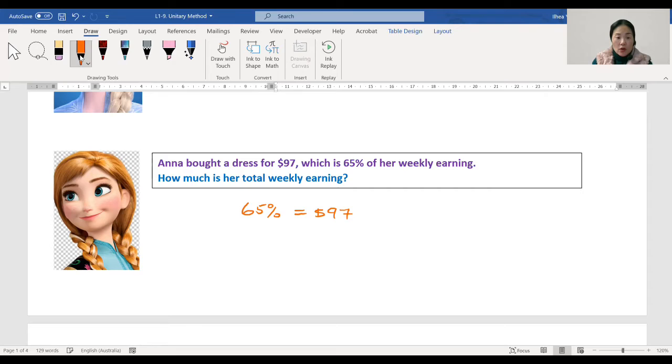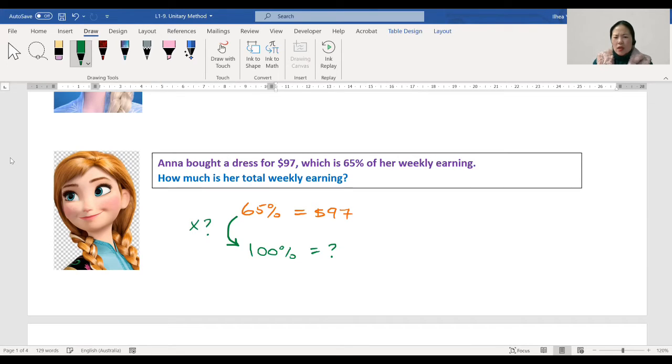Now I want to know how much is 100%. I can't really times any number nicely to make 100 from 65. It has to be some decimal or fraction. It's not smooth like Elsa's case.